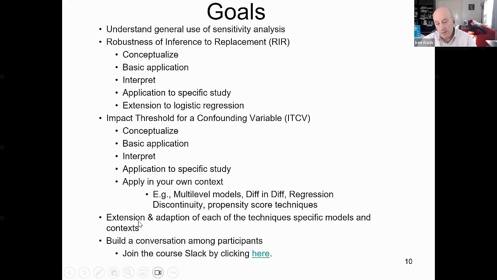Then tomorrow afternoon, we're going to talk through your particular interests, the particular models, and how these techniques might be applied, maybe to a published paper that you want to think about, or some output you cranked out yesterday. The idea is to build a conversation among all of you. So, a little promo: join the Slack, if you like.